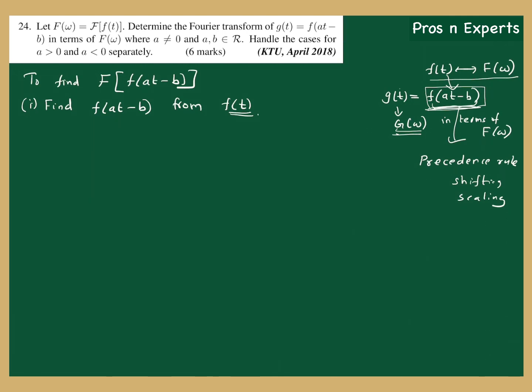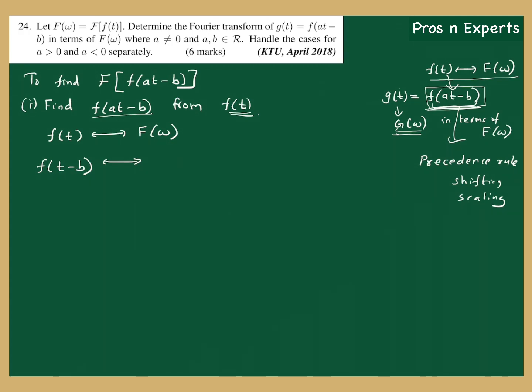Now listen very carefully, be very attentive. What you know is f of t has a Fourier transform F of omega. So to get f of at minus b from f of t, the first step should be finding f of t minus b, shifting first. What will be the Fourier transform of f of t minus b? This is time shifting.